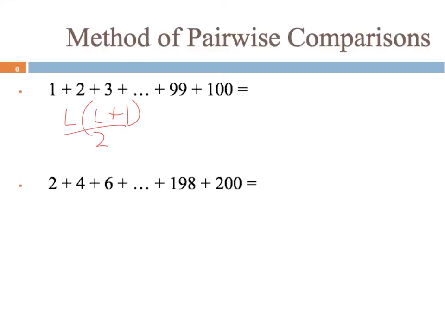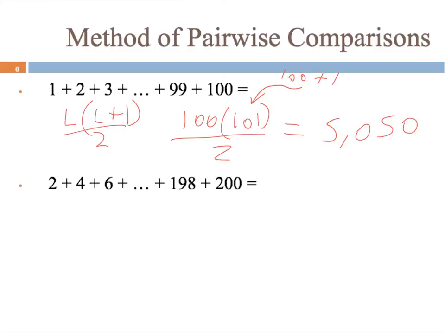So we're going to say 100. There's 100 integers here, and then there's 101 because 100 plus 1. That's going to end up being 2. And we're going to divide that by 2, and that's going to come out to be 5,050.